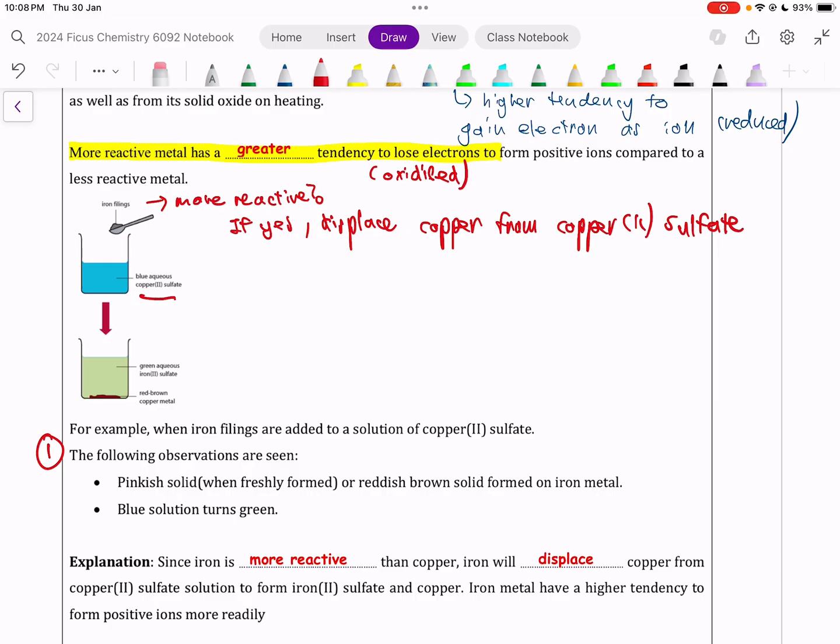The solid deposit always will happen, but color change in solution depends, because sometimes, for example if you are using magnesium and a zinc solution, probably you won't see any color change in solution because both are colorless.